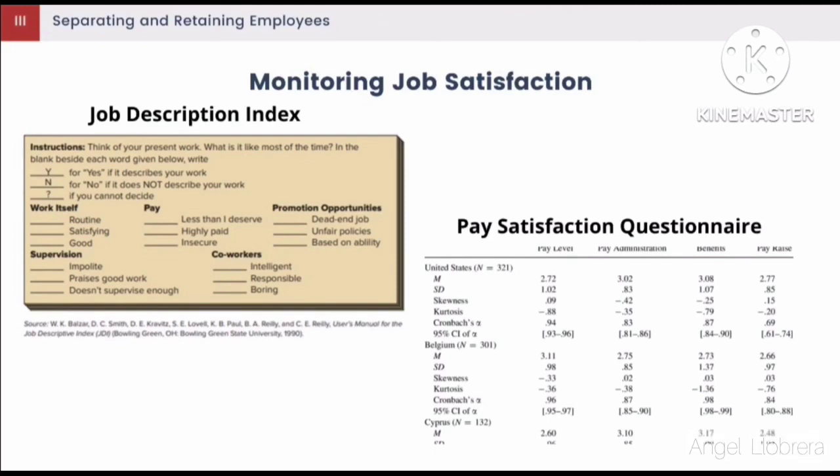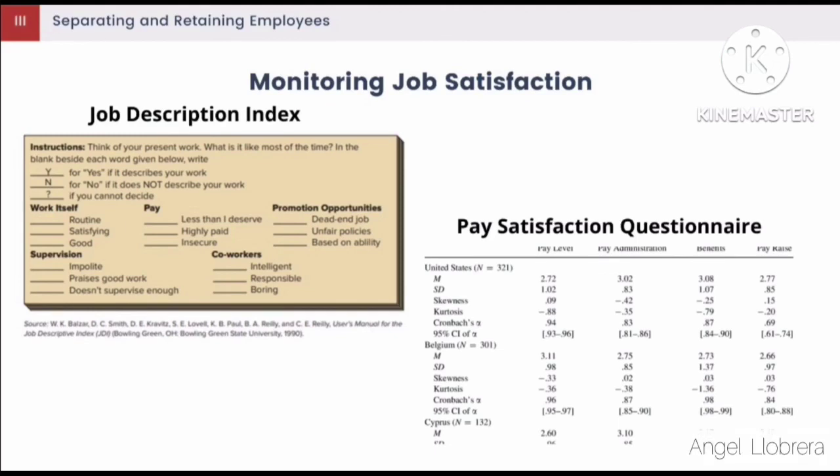If the business wishes to assess or measure the satisfaction level of its employees, they may consider using the following scales: the Job Descriptive Index, which emphasizes various phases of satisfaction, including pay, the work itself, supervision, co-workers, and promotions.